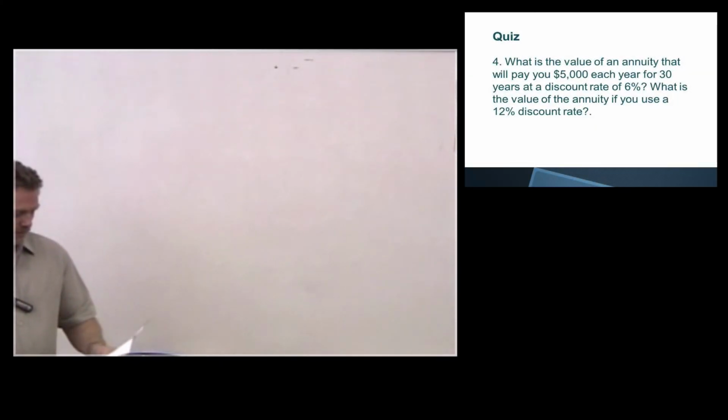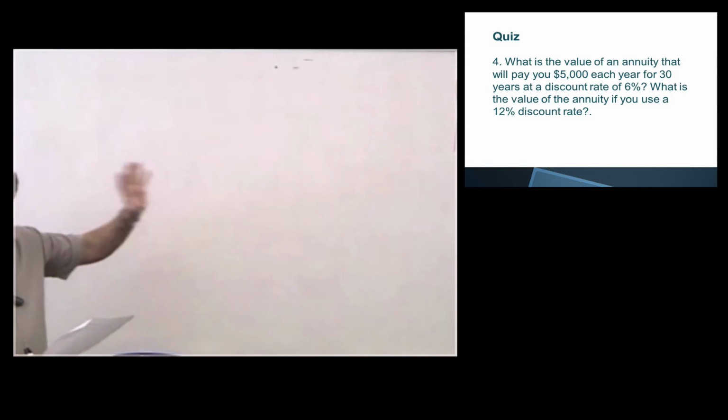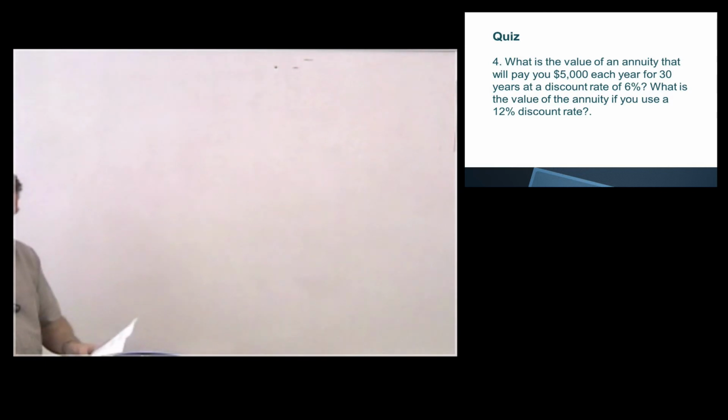Question 4. What is the value of an annuity that will pay you $5,000 each year for 30 years at a discount rate of 6%? What is the value of the annuity if it's a 12% discount rate? Okay, so we know we're getting an annuity, which means several payments. We're going to get $5,000 each year for 30 years. We want to know what its value is today.